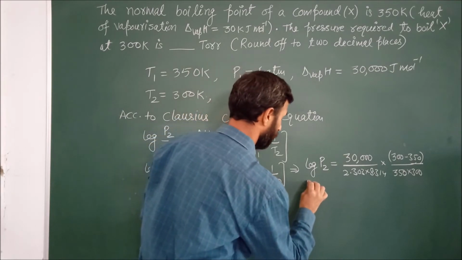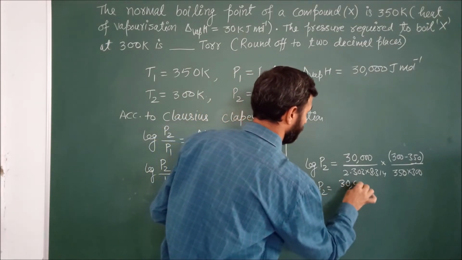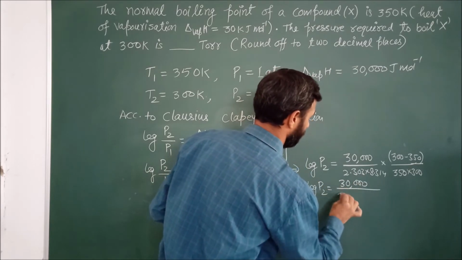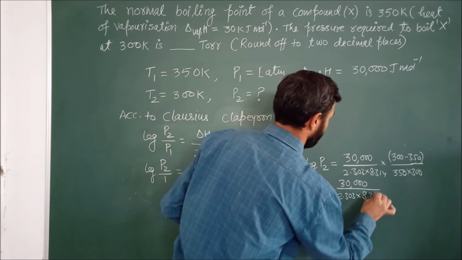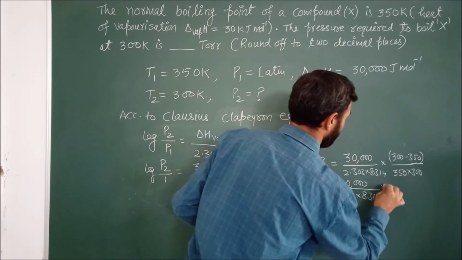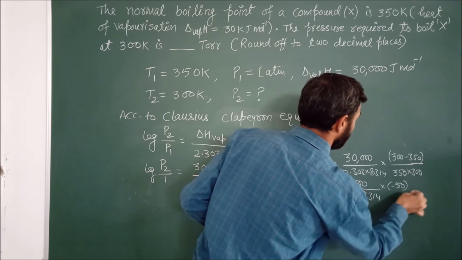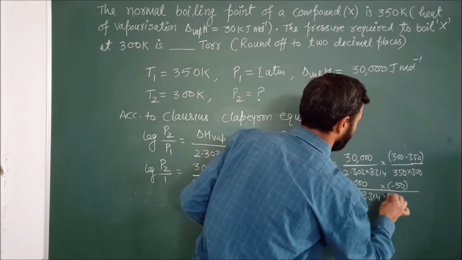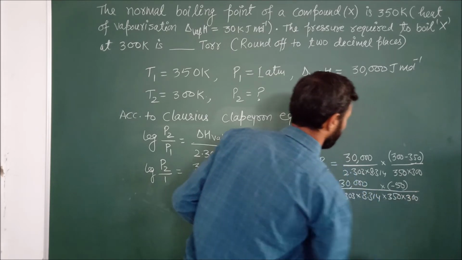So log P2 comes out to be minus 50 divided by 350 into 300.